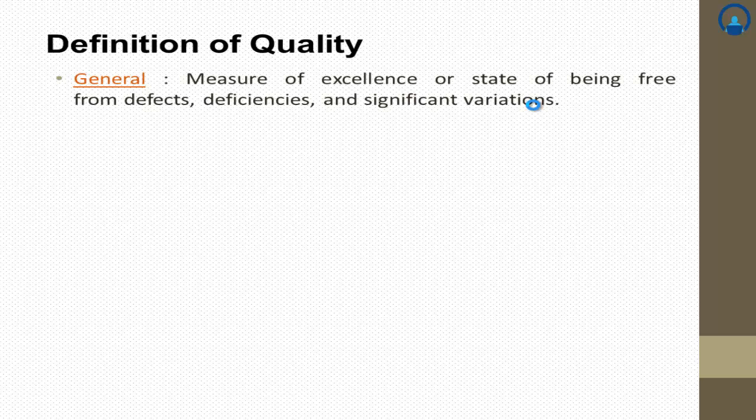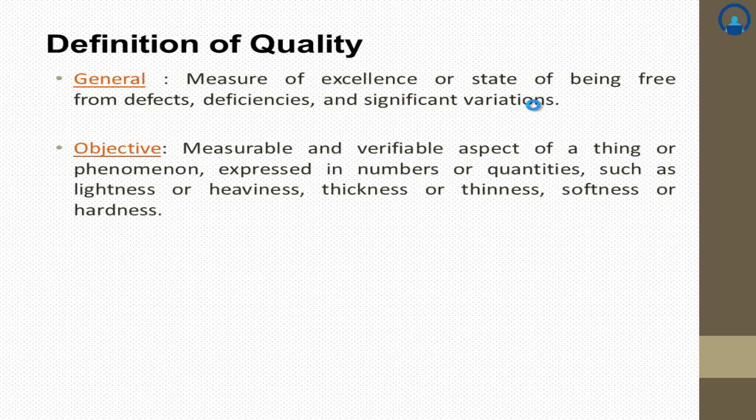So this is where, in general, measure of excellence or state of being free from defects is quality. Another definition of quality in an objective way is measurable and verifiable aspect of a thing or a phenomenon expressed in numbers or quantities such as lightness or heaviness, thickness or thinness, softness or hardness. So any object or any product that is supposed to be heavier, and if it is lighter in weight, it can be termed as a lower quality product because of its lightness.